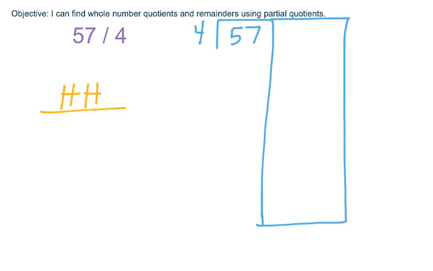Okay, so in this case, I need multiples of 4 because that's the number I'm dividing by. And let's see, I'm going to do 4 times 2, 4 times 3. I'm not going to go too crazy because my number that I'm dividing up, 57, is not all that big. Maybe you'd do a 4 times 10, 4 times 11.